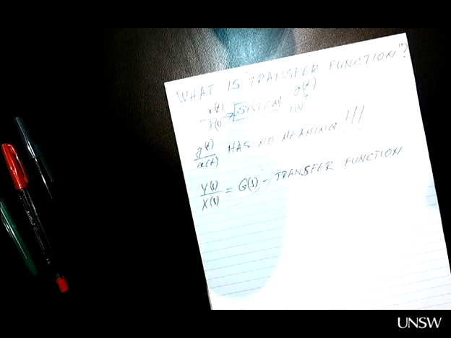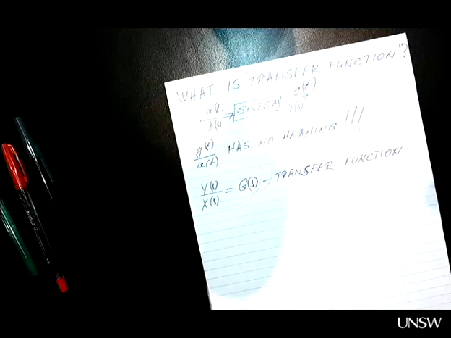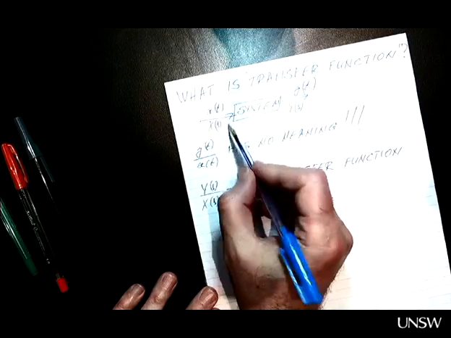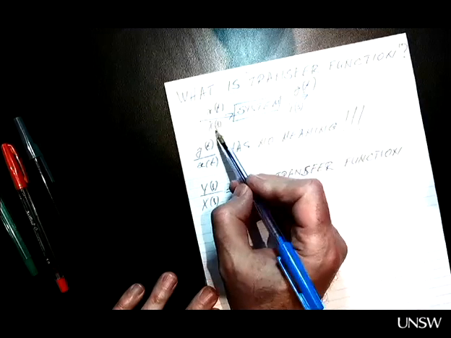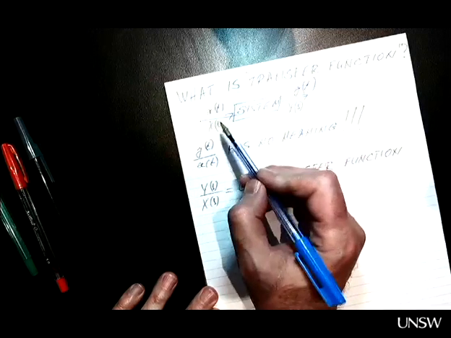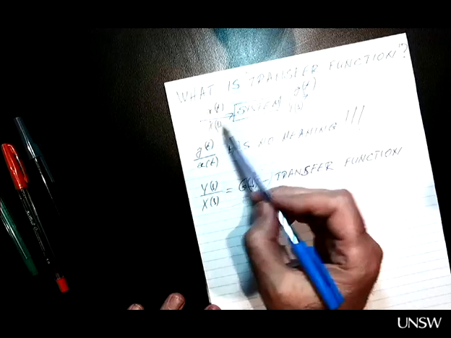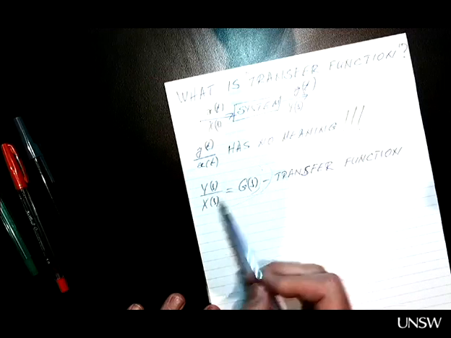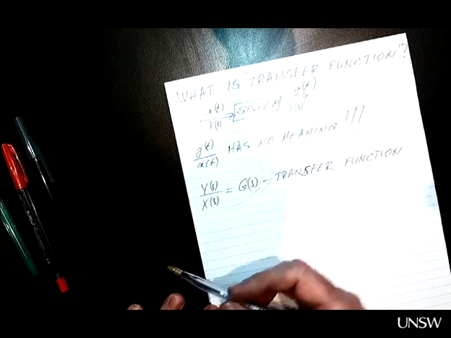Once you know the transfer function, that is the system. So even before you apply the input, you know what the output is going to be. If you decide to apply an impulse as the input, you multiply the input with the transfer function in the S domain, and you will get the output. You change the input, you will obviously get a different output.